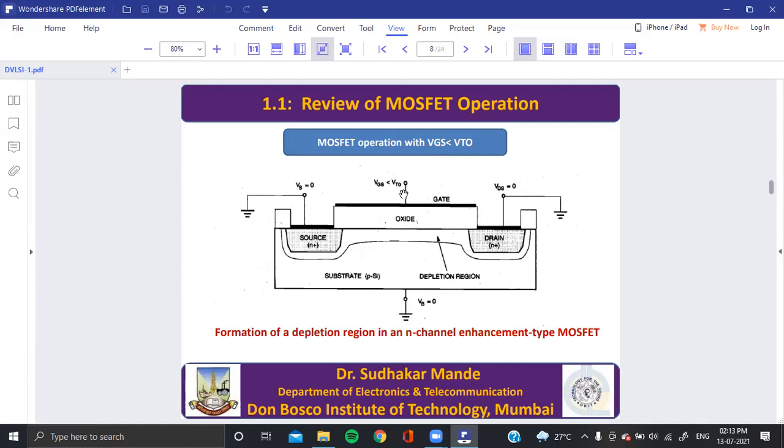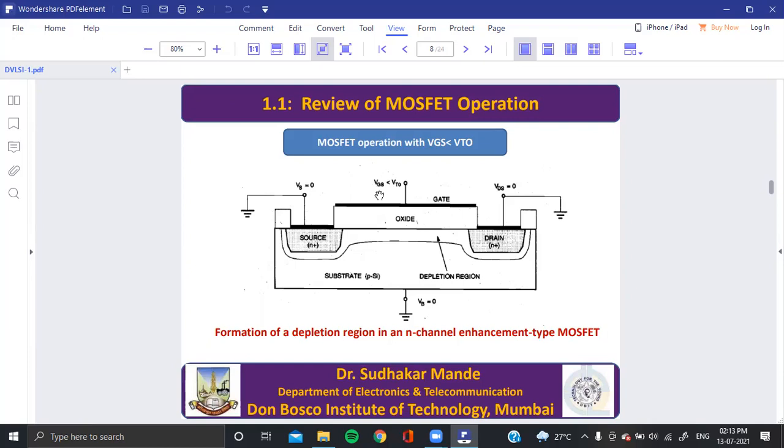Now MOSFET operation is that when gate to source voltage, this is gate terminal, this is source terminal, and if this voltage is less than threshold voltage, you might be knowing threshold voltage is basically minimum voltage required to be applied between gate and source to turn on the MOSFET, right? If your gate voltage is less than threshold voltage, MOSFET won't turn on. It will be turned off, right?